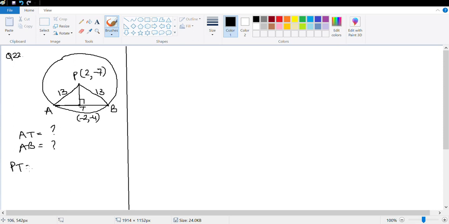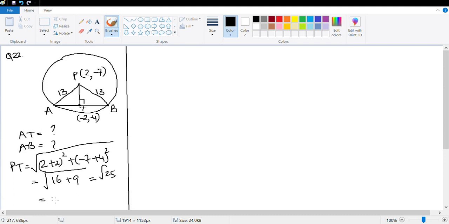So PT will be equal to the square root of (2 minus negative 2, that's plus 2) whole square, plus (negative 7 minus of negative 4, that's plus 4) whole square. So 4 square, that's 16, plus that's 3 square, that's 9. So PT will be equal to square root 25, which means 5 units.